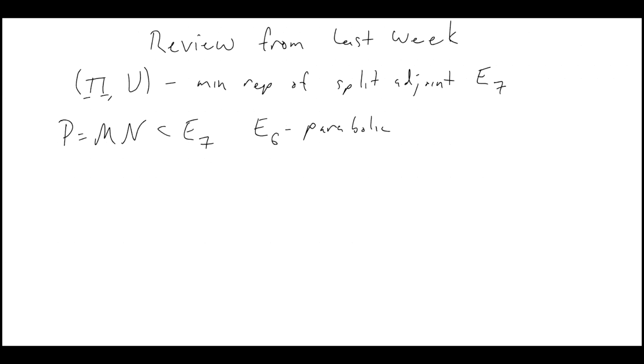One of the important features of this parabolic is that the unipotent radical can be identified with a cubic Jordan algebra, the 27-dimensional Jordan algebra, where O is the split octonions.